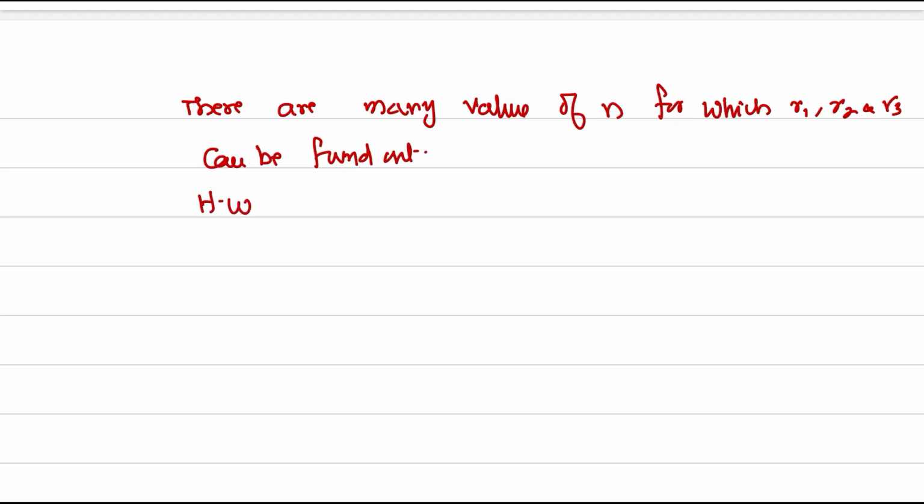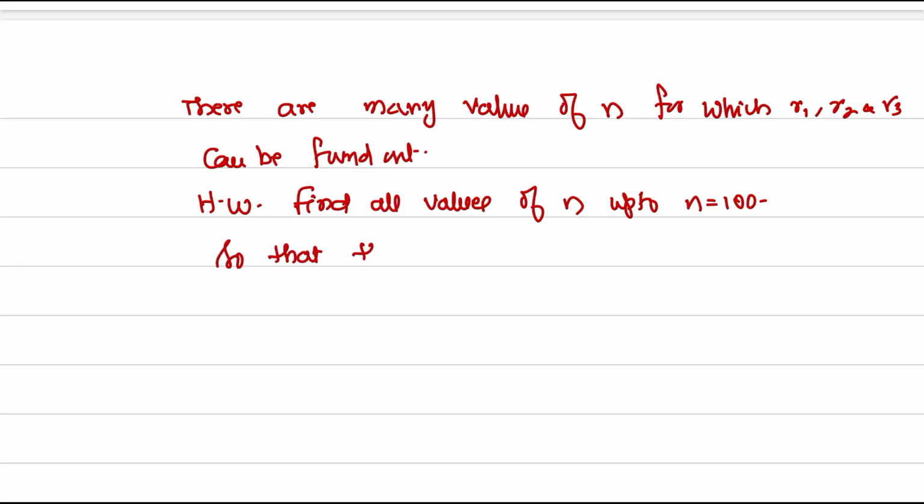Homework is to find all values of n up to n equal to 100 so that the above equation is satisfied. How many n's are there? Count them.